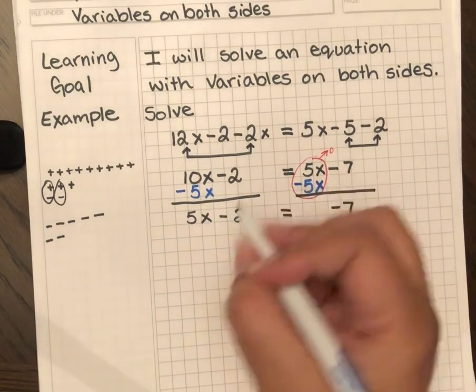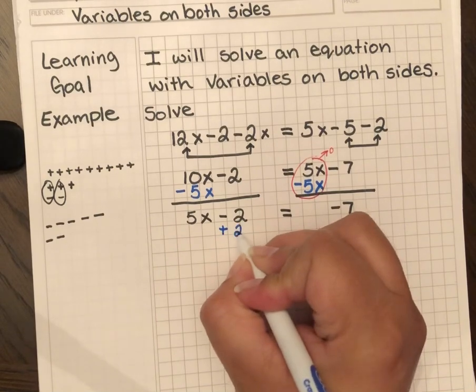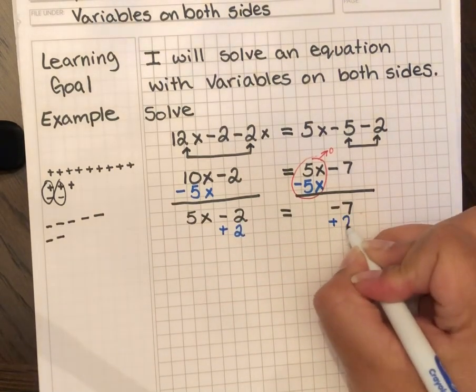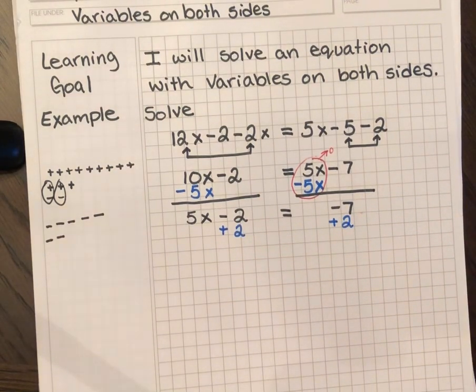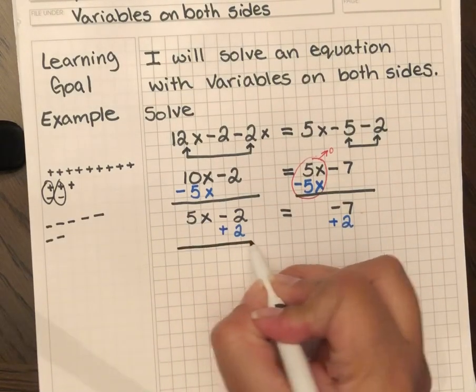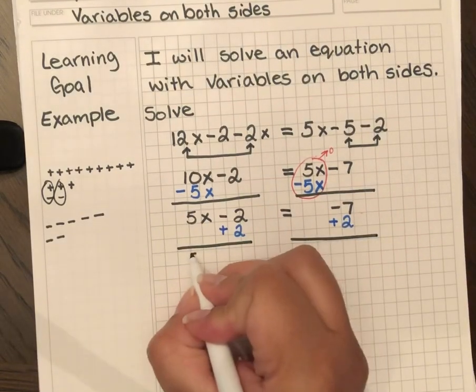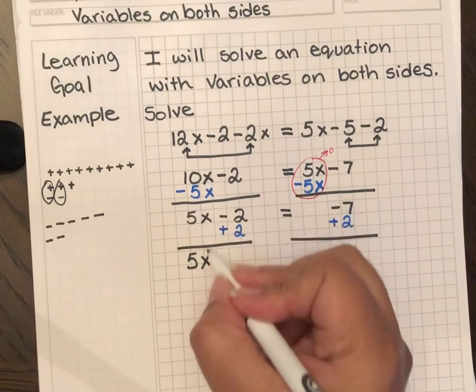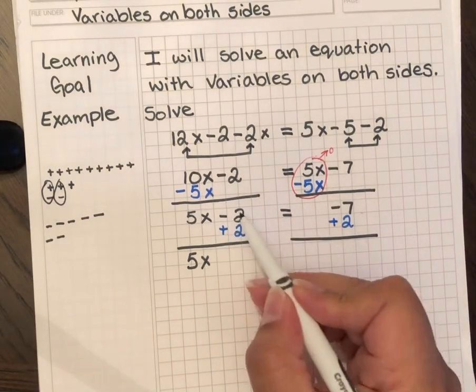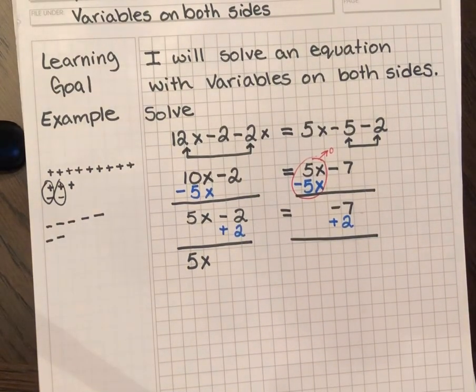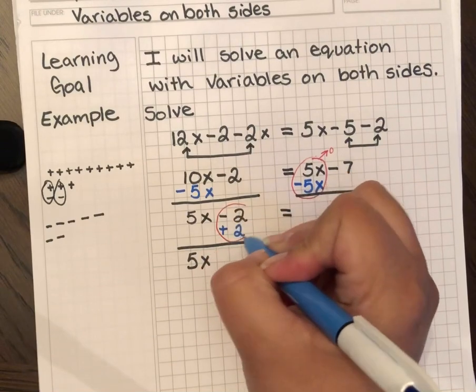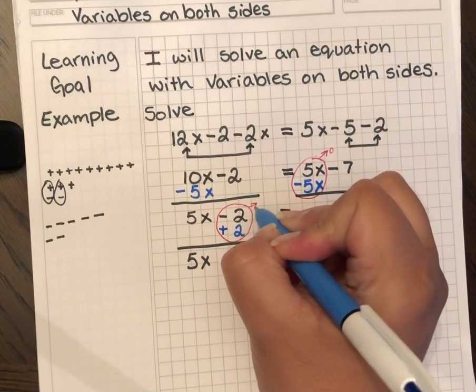Well, I'm going to add 2 positive units to each side. And that leaves me now with my 5x's that I haven't done anything with. And these two become a 0 pair. So these are gone again to the world of 0.